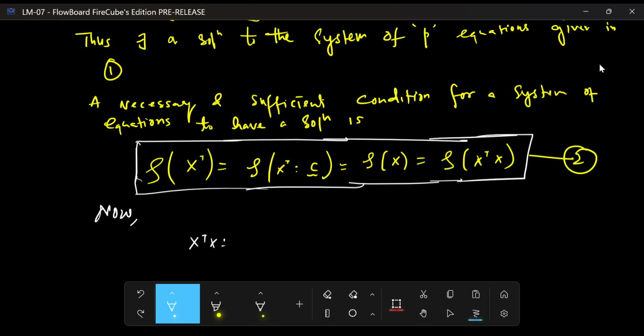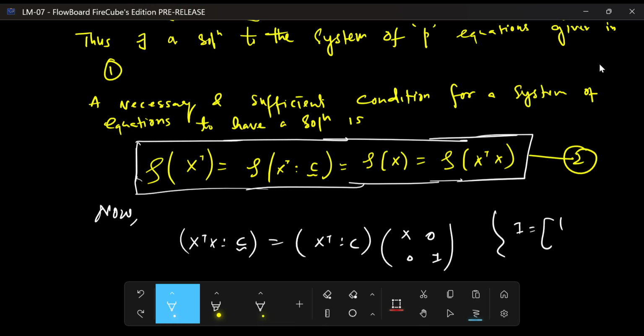X transpose X augmented with C curl is equal to X transpose augmented with C curl into the matrix. This is the matrix X, this is the matrix with element 0, this is the matrix with element 0, and this is the identity matrix. So what is an identity matrix?